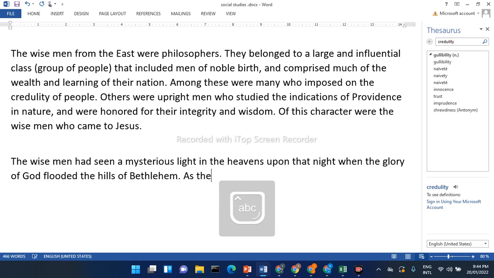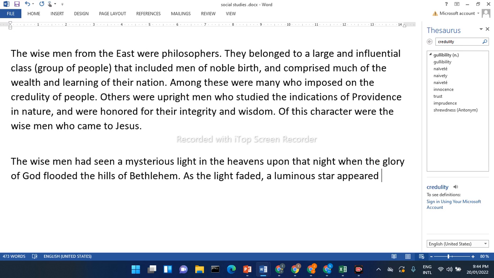As the light faded, a luminous star appeared. Now, many persons think it is a star, right? And it lingered in the sky.